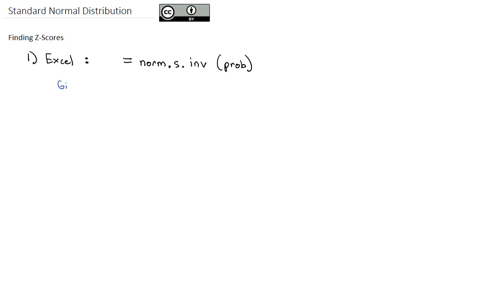This command will give the z-score with the area of the probability on the left. Everything with the normal distribution on Excel is always talking about the left. So if we want the right area or something different, we might have to account for that a little bit. But let's take a look at what this looks like on Excel.